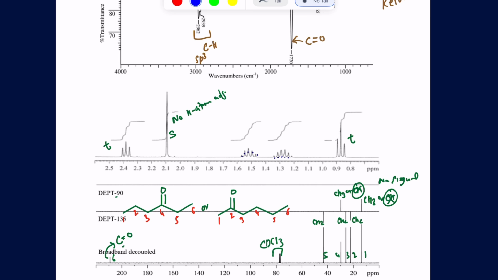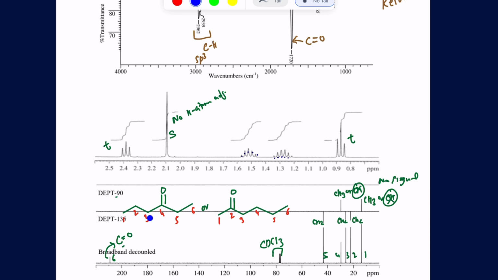Suppose I look at this carbon 1 here, which is going to be CH3, so there are 3 protons, and it actually has 2 neighbor protons on the second carbon. I can say the same thing, this proton here would have two neighbors, one on the left, one on the right. I can say something similar.